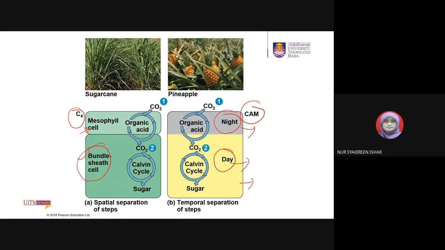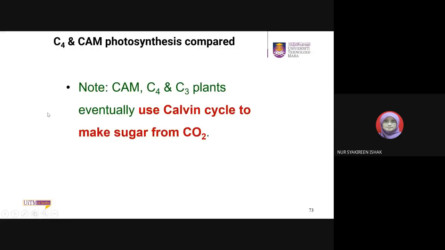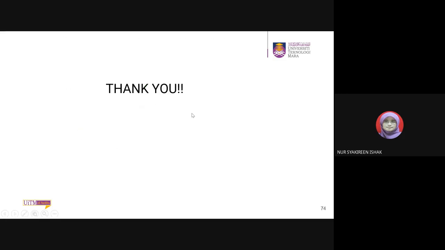C4 first carbon fixation dalam mesophyll, second dalam bundle sheath cell, tapi semua berlaku masa daytime. Okay, so not just CAM, C4 and C3 plants all basically akan menggunakan Calvin cycle untuk hasilkan gula menggunakan carbon dioxide. So with that, habislah.